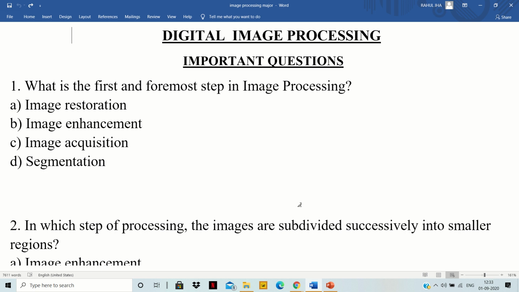That's why we process that picture and extract information using some processes. This is what we are going to study in this complete unit, or in this complete book of digital image processing.